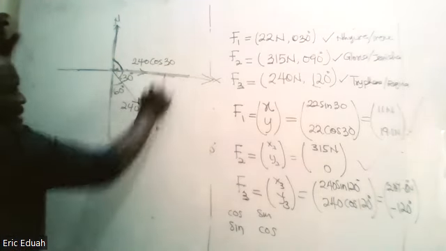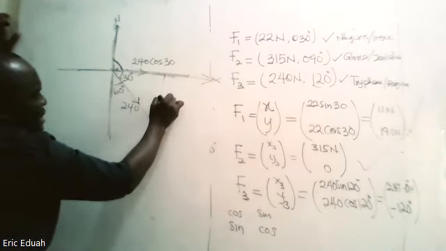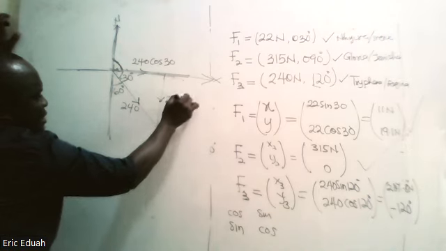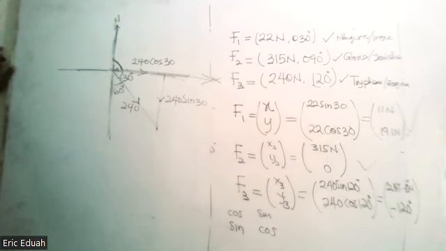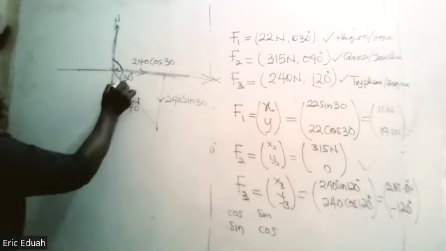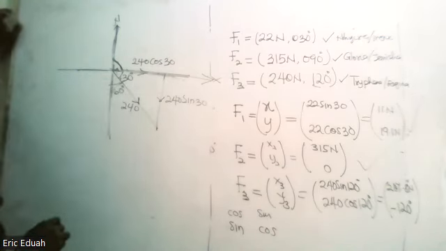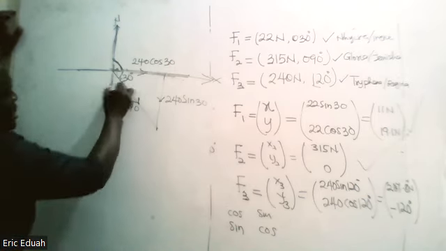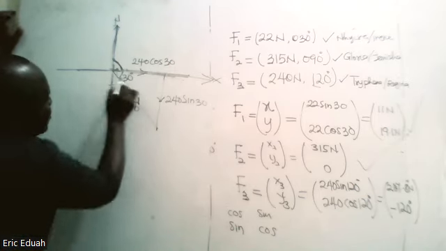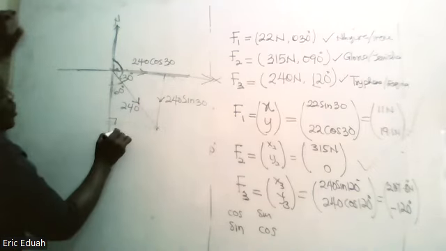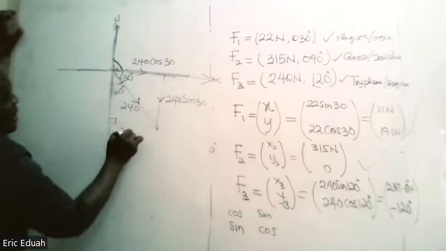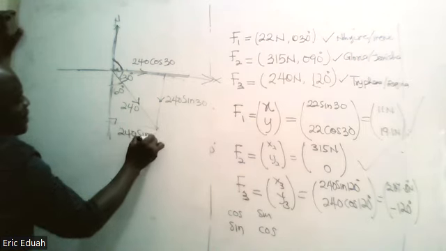Then the vertical becomes 240 sine of 30. We can also use the angle to the y-axis. If we use this angle, then this side, which is also the x, becomes 240 sine of 60.